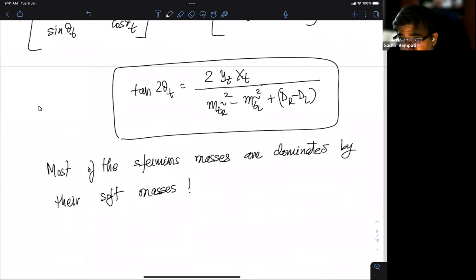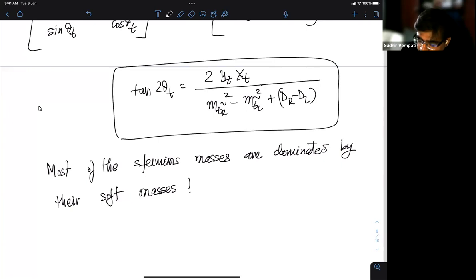Now, the main condition is that these soft masses should not become negative, because the moment they become negative, none of the soft masses can become negative, especially for these particles. Because all these particles are either containing charge, except for neutrinos. Neutrinos are a different thing, because they are neutral. All these particles contain color charge.